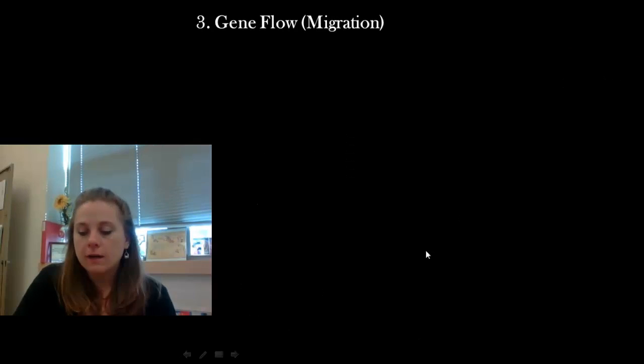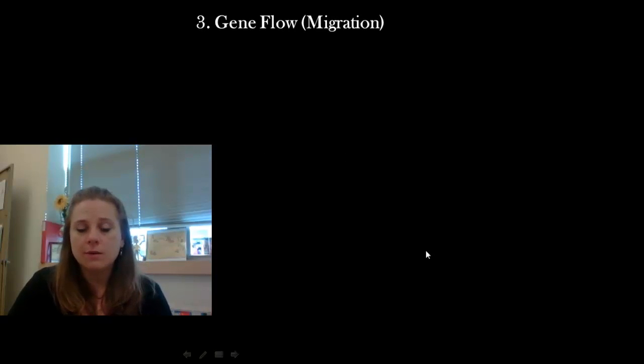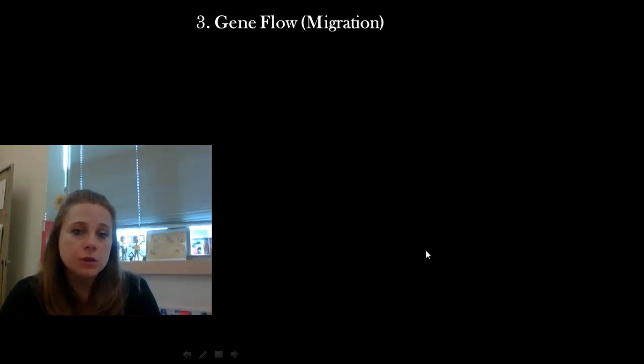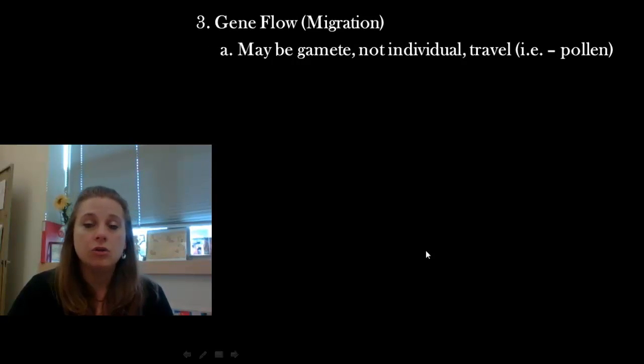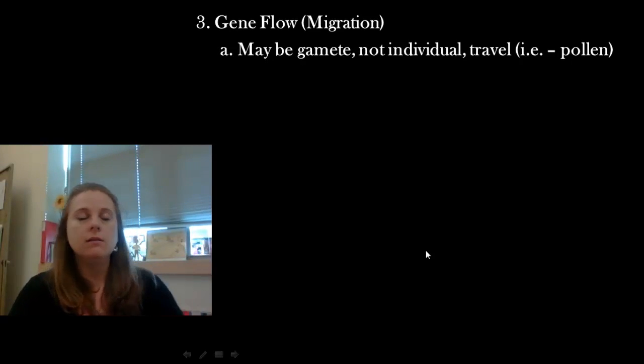So other factors that are going to influence change as well are gene flow, and we're going to actually look at this in the lab as well and have a little fun lab looking at this. Migration, if organisms leave, if groups splinter from other groups, that's going to cause change. And it could be not just the individual, but gamete migration, right? Because if you get the gamete far away, then that's going to happen too.